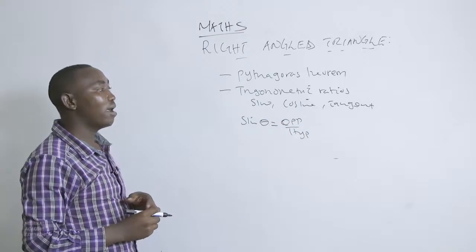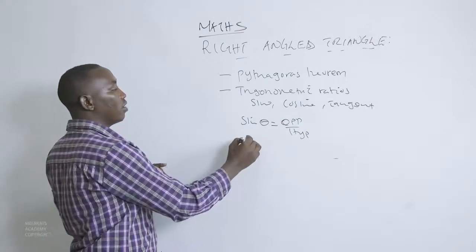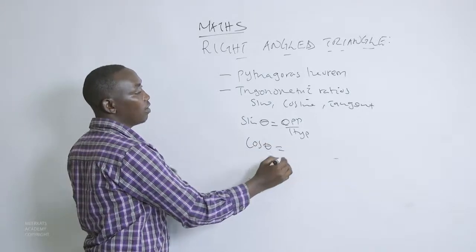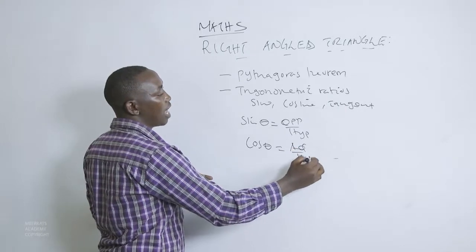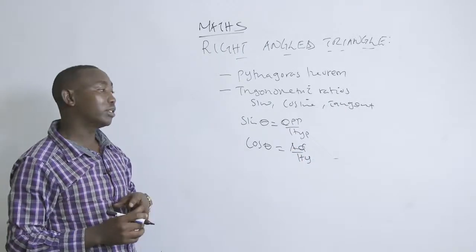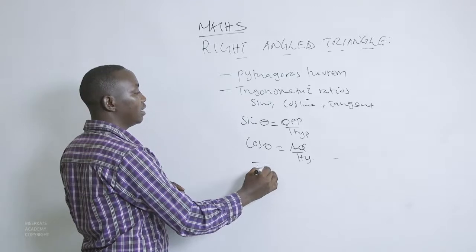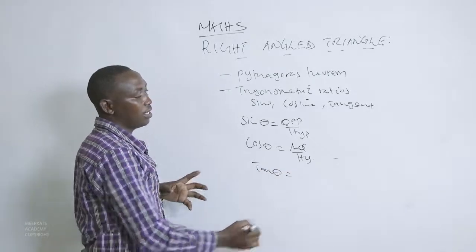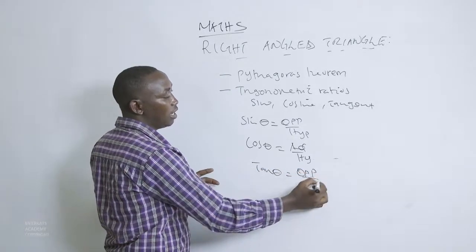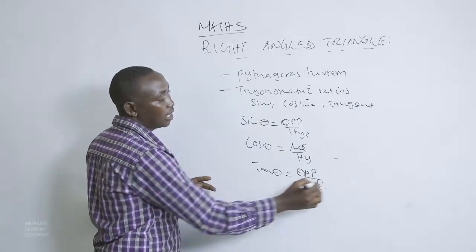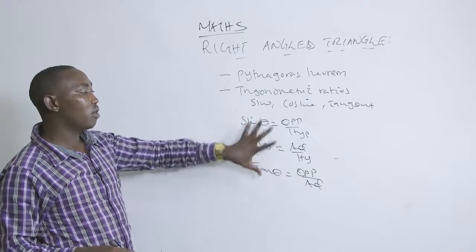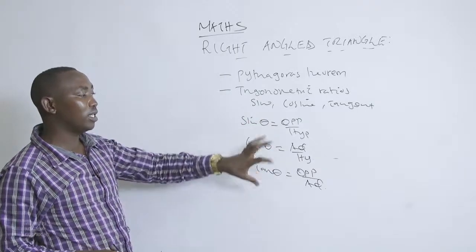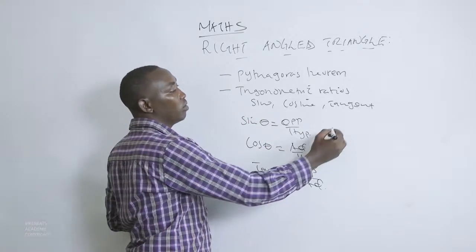Cosine of an angle will be given by the adjacent divided by the hypotenuse of that particular right angle triangle. And finally, tangent of an angle is normally given by the opposite divided by the adjacent side of that particular angle. And in short, we summarized all this information into one.